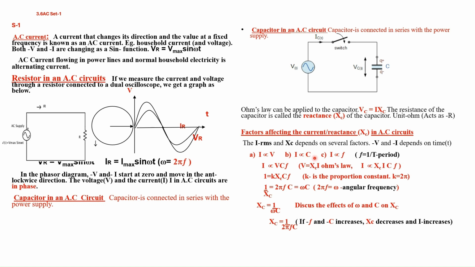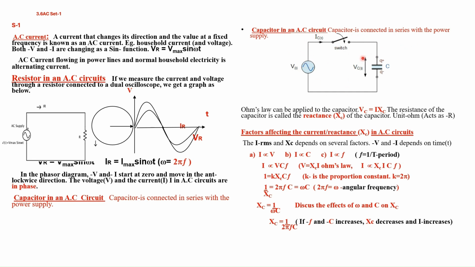I and C. Also, I is directly proportional to the frequency. The frequency is how fast the current direction is changing in 1 second. How many cycles it is making, just like one cycle here, then how many cycles are made in 1 second. That is the frequency. If the frequency is greater, the current direction keeps changing faster.